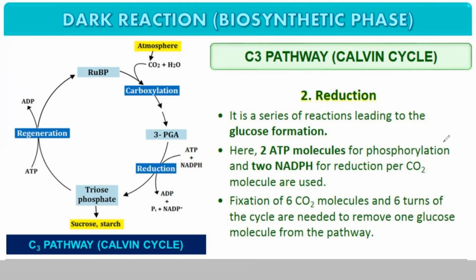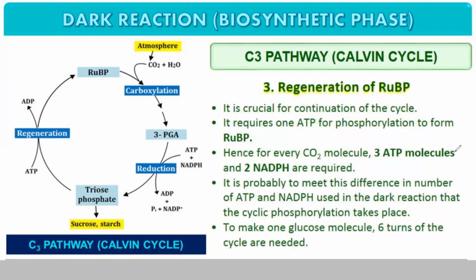Here, 2 molecules of ATP are utilized for phosphorylation and 2 molecules of NADPH are utilized for the reduction of carbon dioxide molecules. Fixation of 6 carbon dioxide molecules and 6 turns of the cycle are needed to remove 1 glucose molecule from the pathway. The third step is regeneration of RuBP.